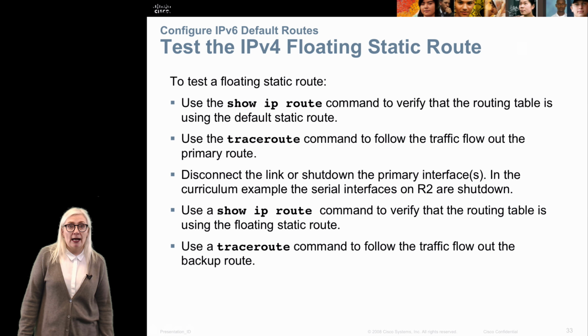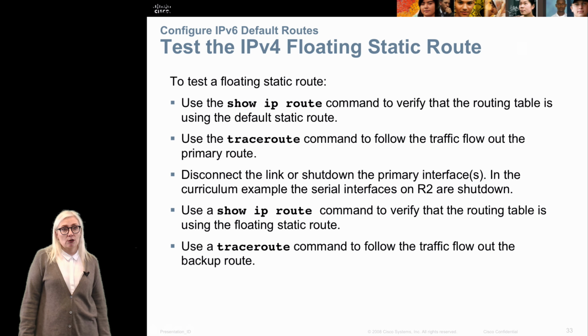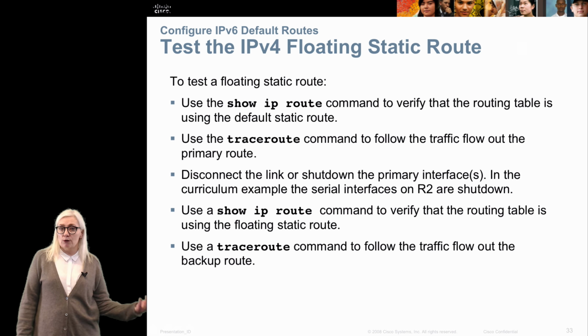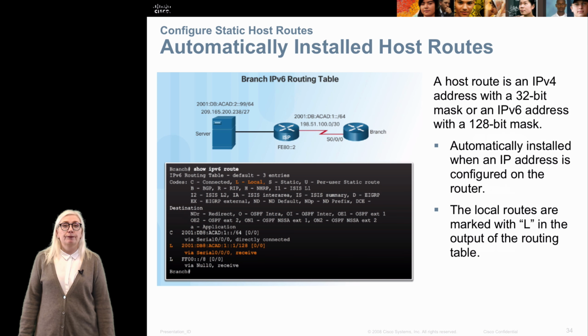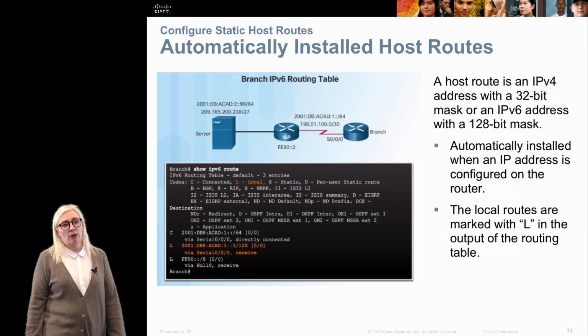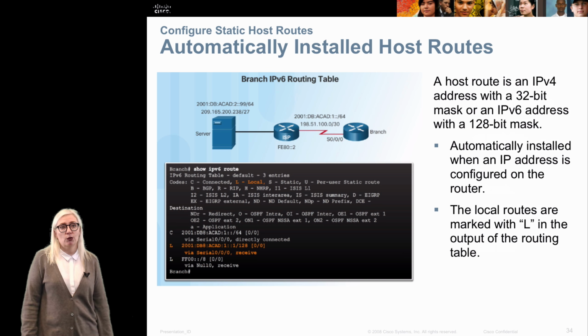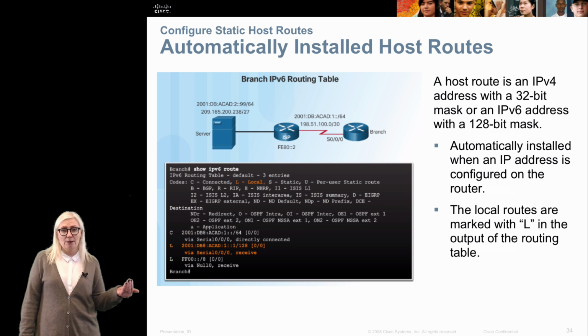To test them and to set them up, you use the show IP route command. You can use traceroute to see which way the traffic will go. We will also see, when we do a show IP route, that the interfaces themselves can be seen in the routing table with an L in front of it.